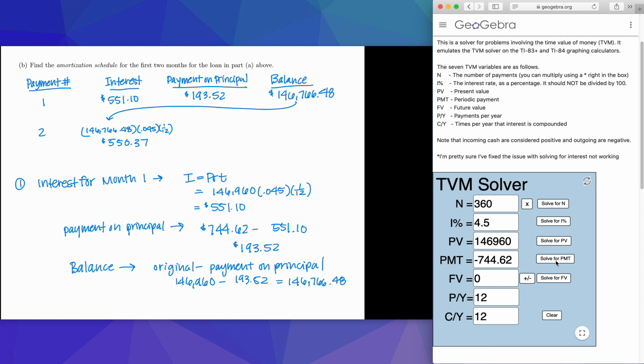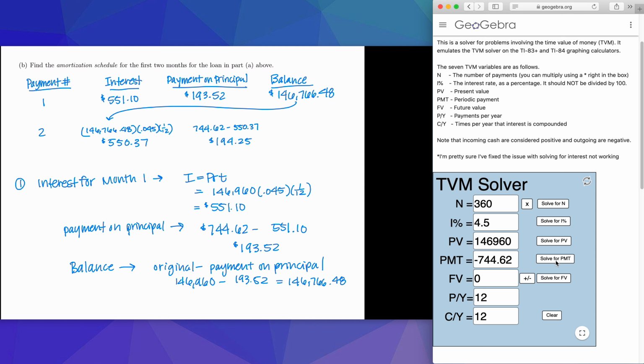Okay, now we take that amount and subtract it from our monthly payment of $744.62. So the $744.62 minus the interest of $550.37, we end up with $194.25.